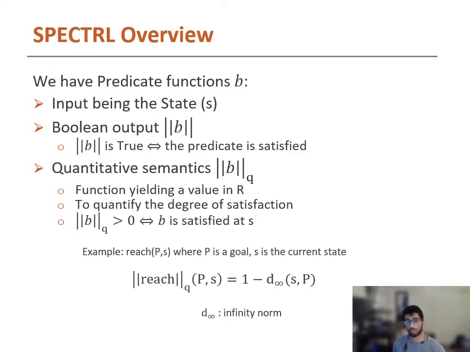Now, the relation between this and the Boolean output is that this value is always greater than 0 if and only if the predicate is satisfied at S. As an example, we see a reach predicate, which is defined for a goal P and a state S, where the quantitative semantics is 1 minus the norm between the state and the goal. So this predicate would be greater than 0 when the specification is satisfied.